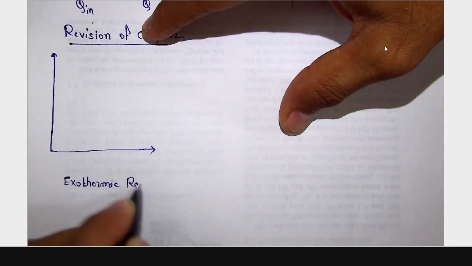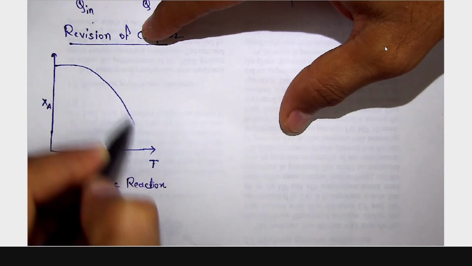Say for the exothermic reaction, if you plot conversion with respect to temperature, you will get the optimum curve like this.